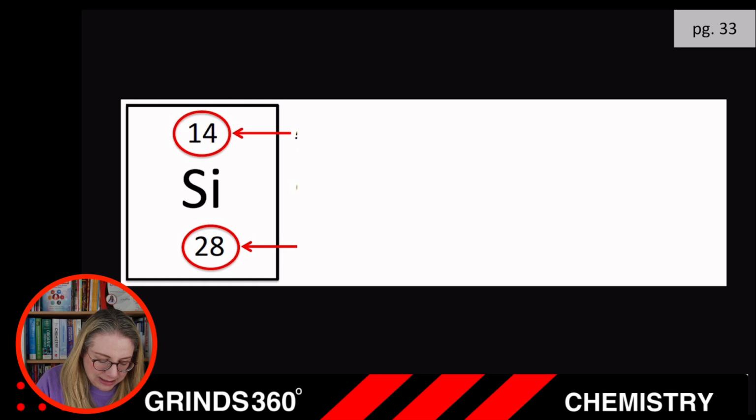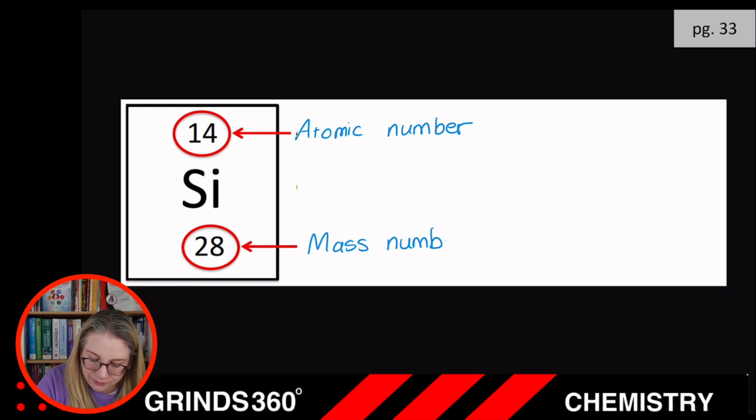Now, for silicon, let's do one here. From the periodic table, the number on top, the smaller of the two numbers, is my atomic number, which gives me the number of protons in the nucleus. And my 28 is the mass number. So this is protons, and this is protons plus neutrons.